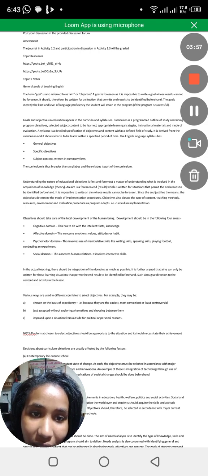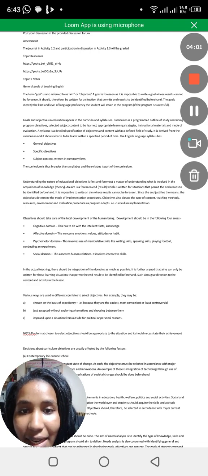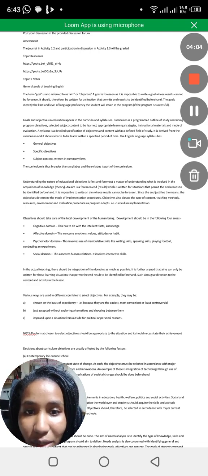The English language syllabus has general objectives, specific objectives, and subject content written in summary form. The curriculum is thus broader than a syllabus, and the syllabus is part of the curriculum.